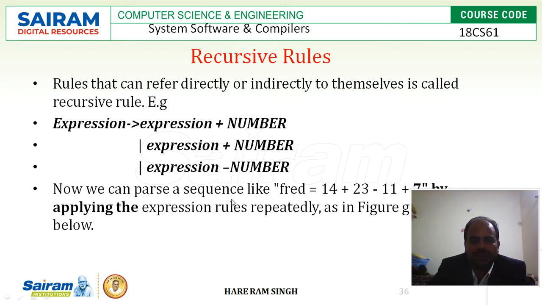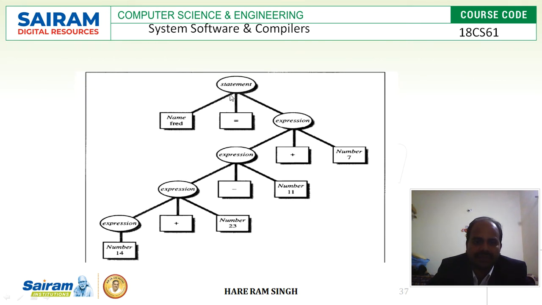Now we can parse a sequence like Fred equal to 14 plus 23 minus 11 plus 7. Suppose we have one sentence, Fred equal to 14 plus 23 minus 11 plus 7. Apply this rule, and let us see what we get. So statement generates name equal to expression, as we saw in the previous grammar.